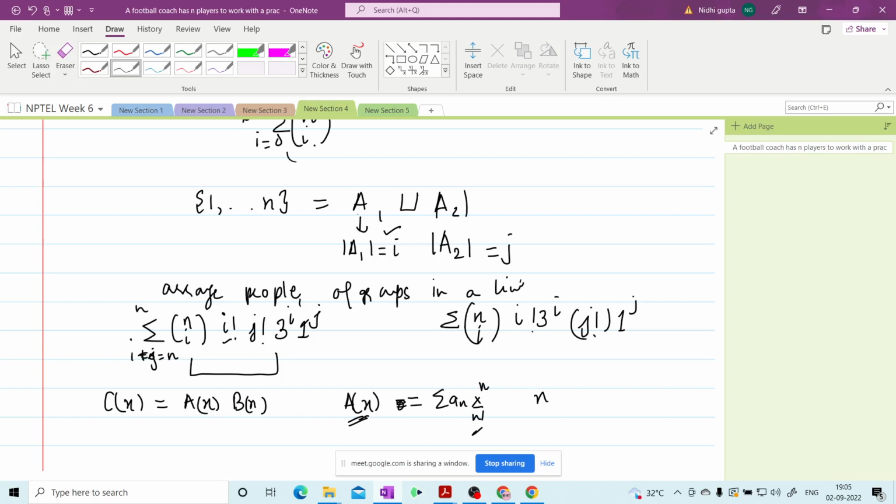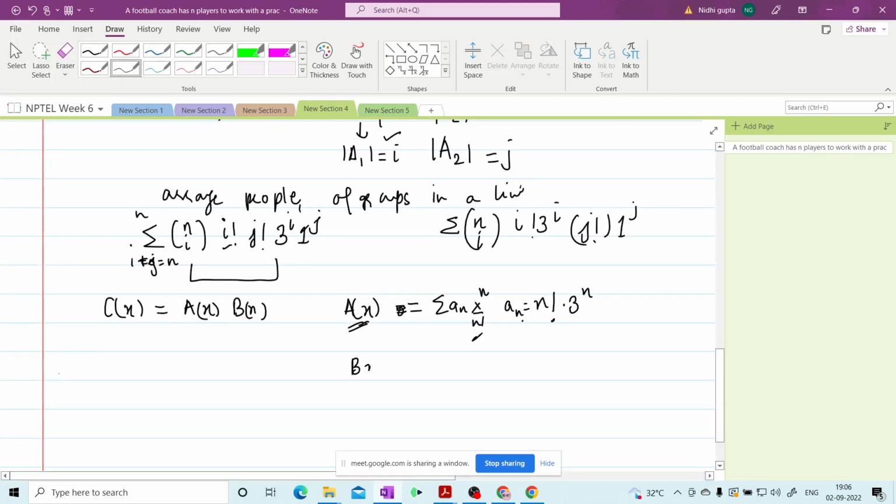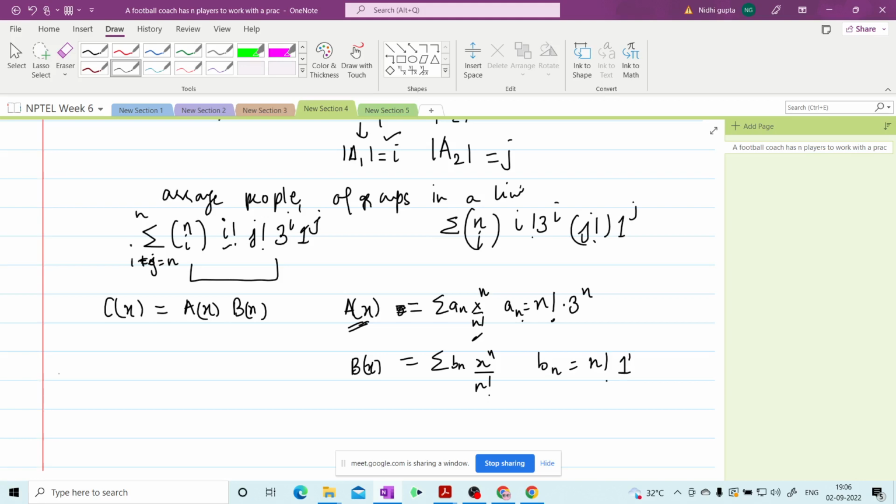First we are arranging them into a line, which is n factorial if we have n people, and then each member has 3 choices, therefore we get 3 to the n. And for the second group, again we are arranging them into a line and giving them a choice of 1 t-shirt, which is 1 raised to the power n, which is just 1, so it is n factorial.